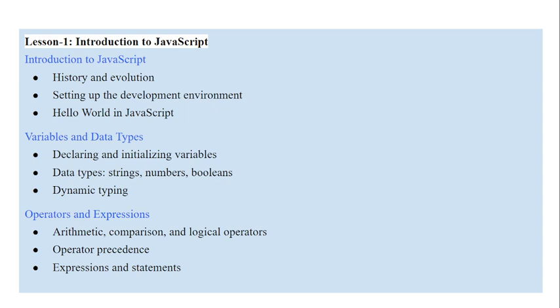Actually, this is the first concept in JavaScript. We need to learn var, let, and const. And in interviews, it is very important: what is the difference between var, let, and const? Like that.